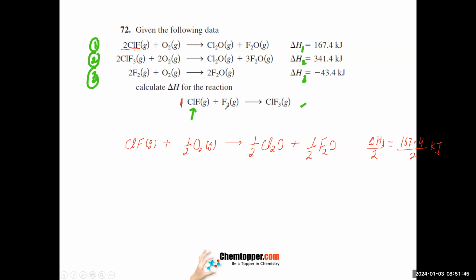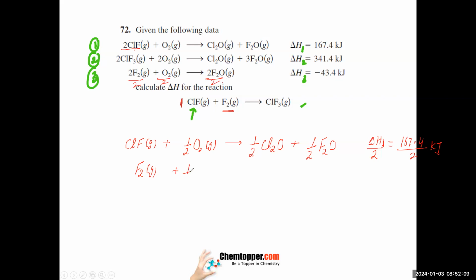Now F2, which equation is giving you F2? Equation 3. What should I do here, Afan? Again divide by 2. So it becomes F2 gas, this divided by 2, this divided by 2, moles. Moles are getting divided.